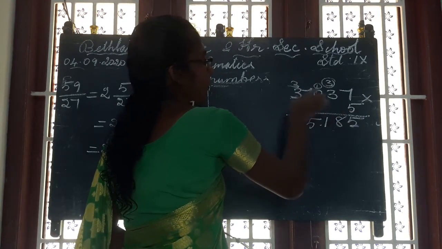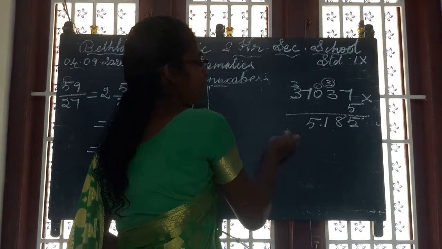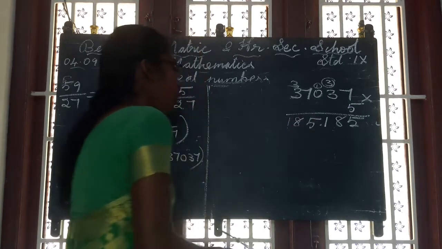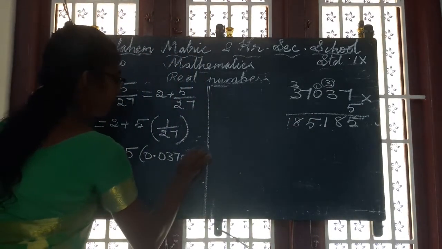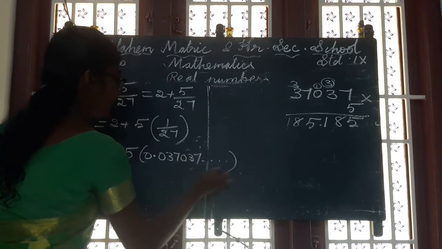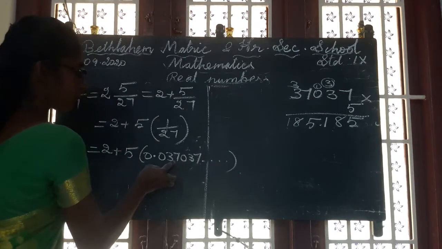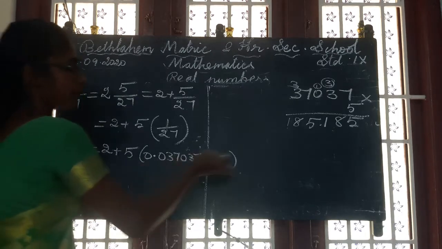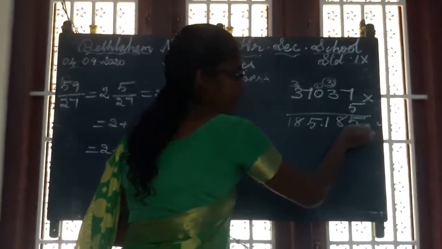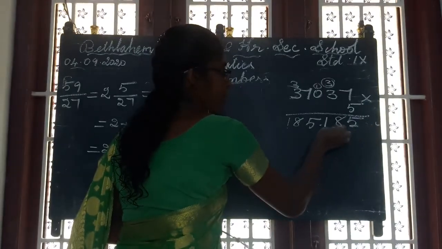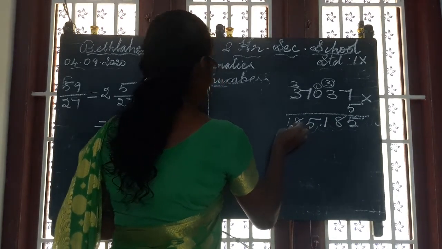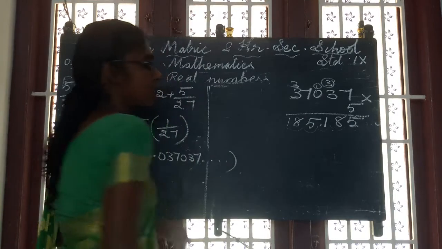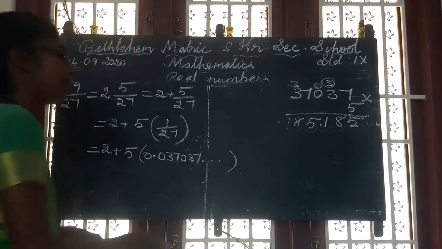Next 5 3s are 15, 15 plus 3 is 18. How many digits before we want to put the decimal point? 1, 2, 3, 4, 5, 6 digits before we put the decimal point.